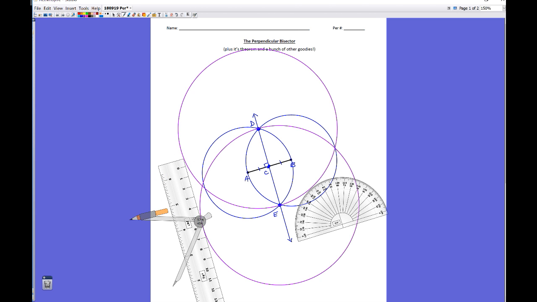So now I'm going to go ahead and zoom my screen back into the middle. You should have something that looks like this with these larger circles on it.